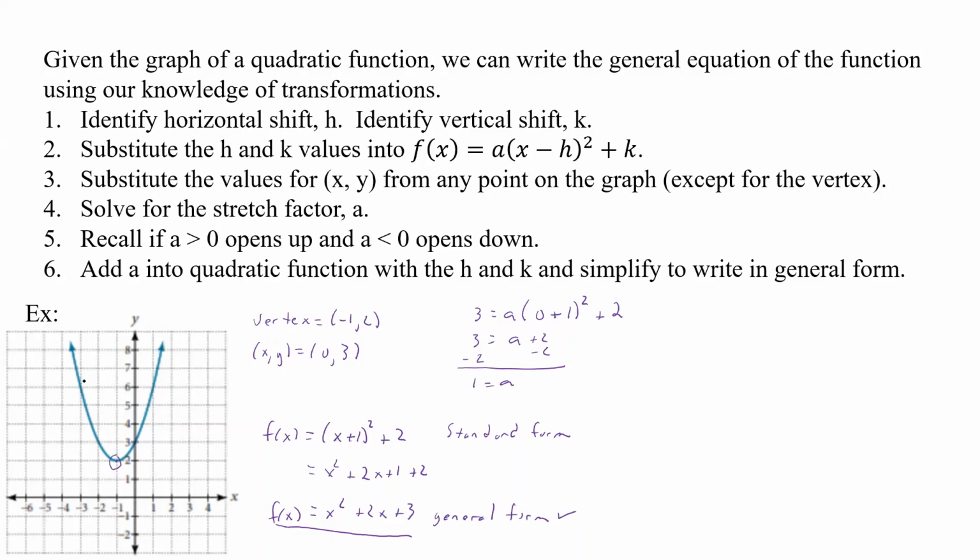We could have chosen this point here if we were really sure it went through -3, 6. We could plug that in, and we should get the same thing as far as our final a goes. Then when we plug that in here, everything is going to work out the same. So that's what we're going to do when we go from a given graph of some quadratic function to writing the general equation. So any questions there?